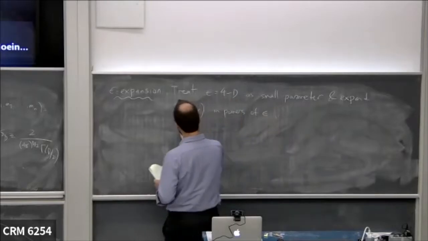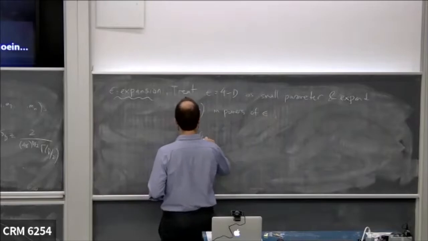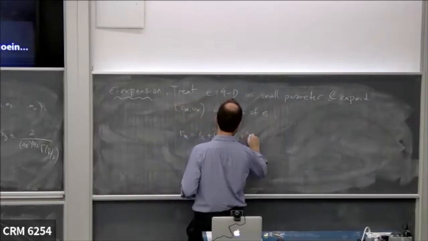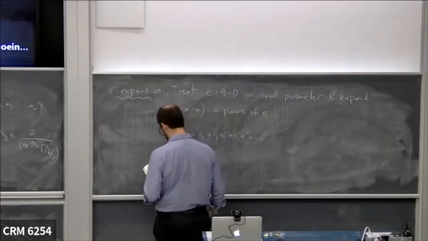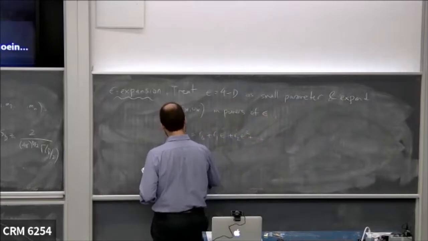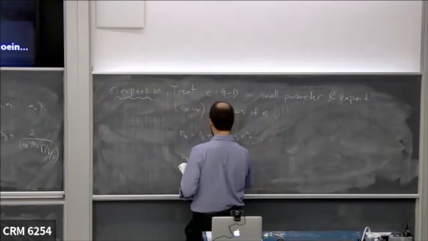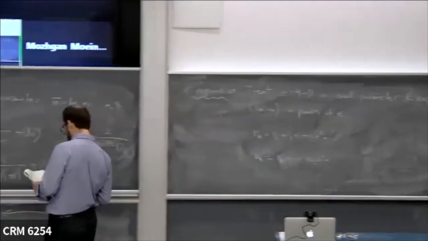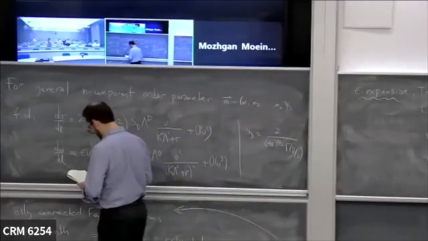Okay, so now we'll write r star is r naught plus r1 epsilon plus r2 epsilon squared, and then something similar for the U coupling. So we substitute this in there, and we find the solution order by order.